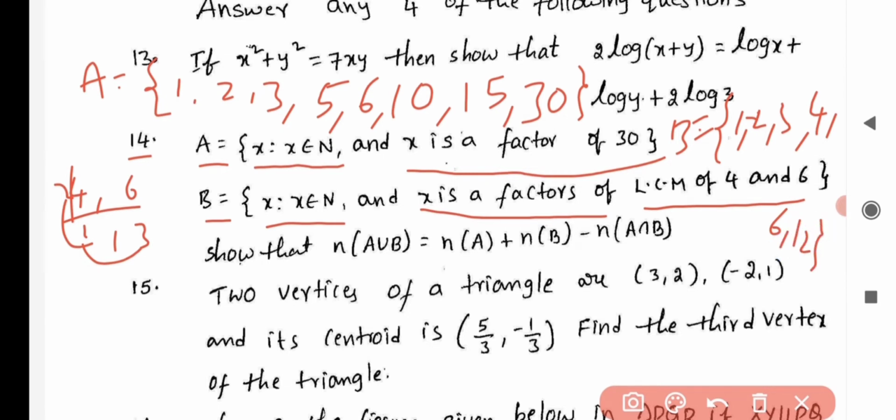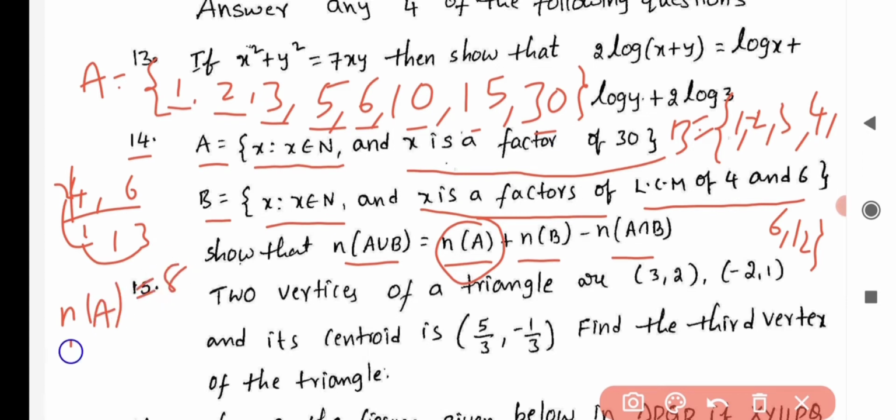Now I want n of A union B, n of A, n of B, and n of A intersection B. n of A means the number of elements in set A. How many elements here? 1 2 3 4 5 6 7 8. So n of A equals 8. Next, n of B equals 6.